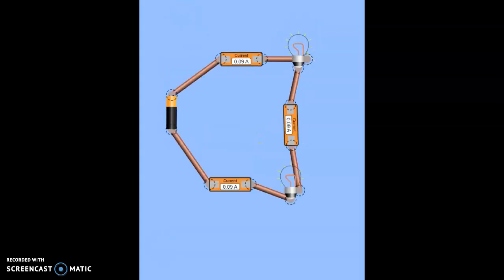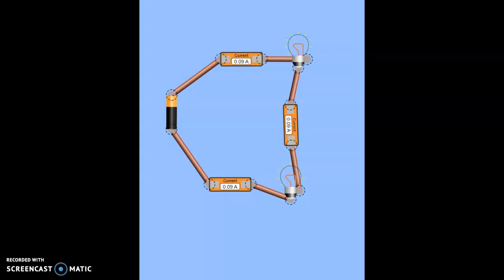The second circuit is very similar to the first one, except that it's using long bulbs instead of round bulbs. And you probably remember that the long bulb has a higher resistance than the round bulb does. Since it has a higher resistance, that means that the flow rate should be less.